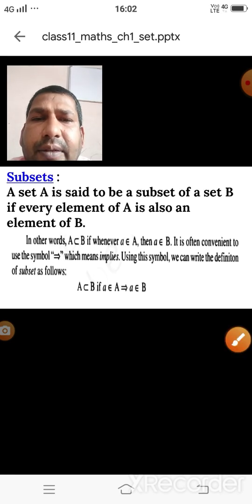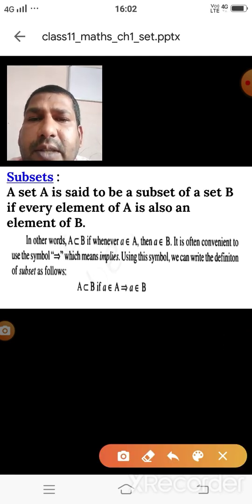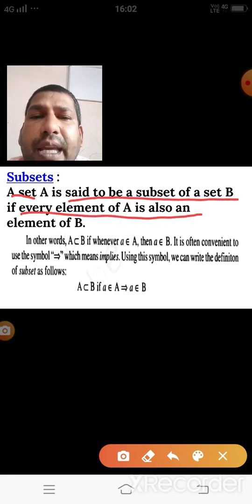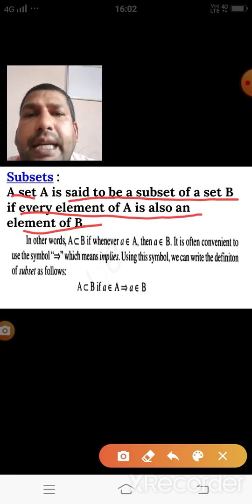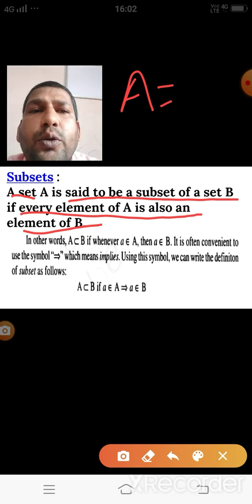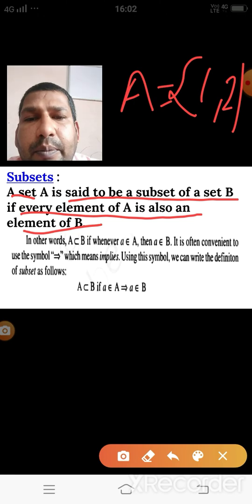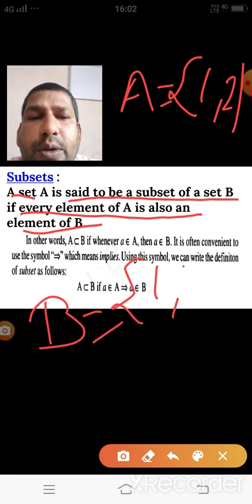Then another type we have is subset, and this concept is very important. A set A is said to be a subset of set B if every element of A is also an element of B. If you are considering two sets A and B, suppose I am taking A as 1, 2, and B as 1, 2, 3.